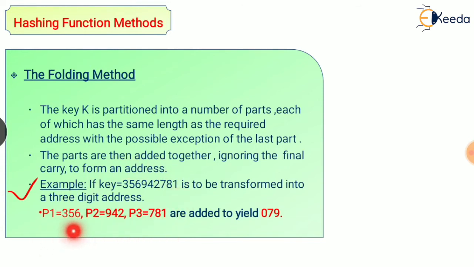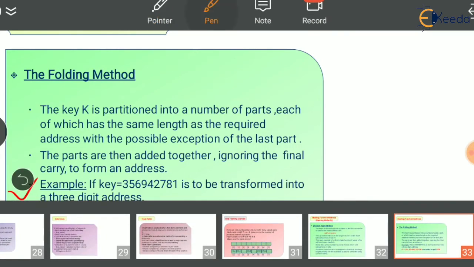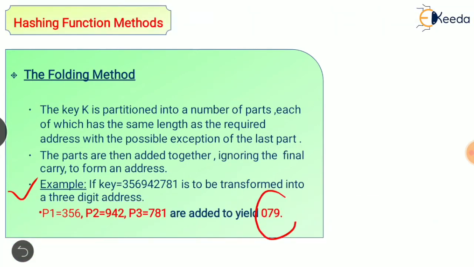P1 is 356, P2 is 942, P3 is 781. Now these three parts are added together, and by ignoring the final carry, you just calculate the addition. You get this address of 079 by ignoring the carry.